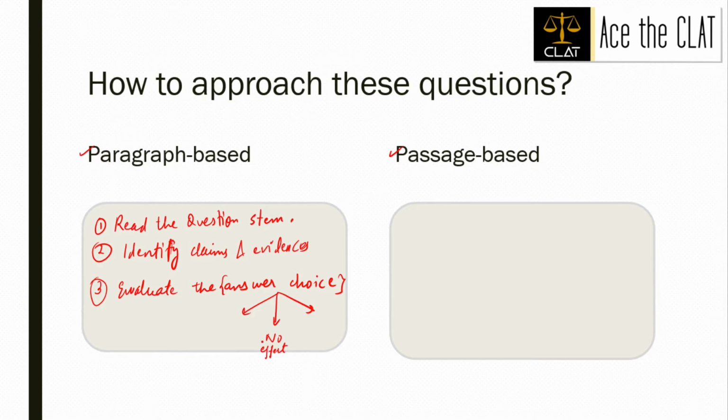And when it does have an effect, there are two further kinds of effects: strengthening the argument, or making the claim more likely to be true, and the second, obviously, is to weaken the argument, or making the claim less likely to be true. So these three things you need to keep in mind.